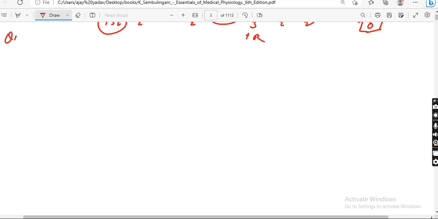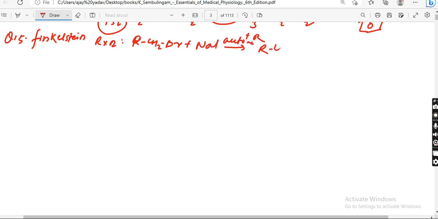So let us come to the next question. Asked here: Finkelstein reaction. We prepare iodoalkane from here. Suppose this is R-CH2-Br, then we react this with NaI in the presence of acetone to get R-CH2-I.